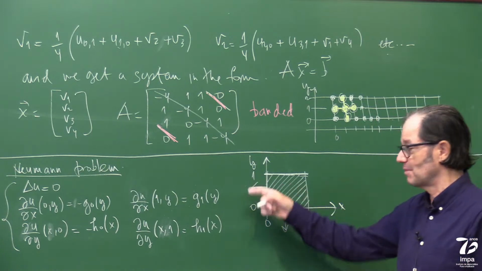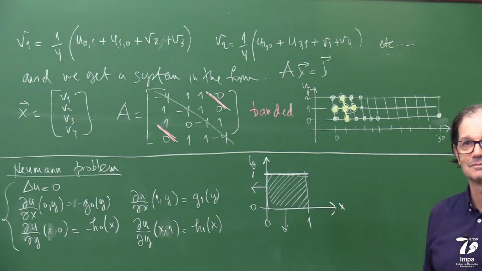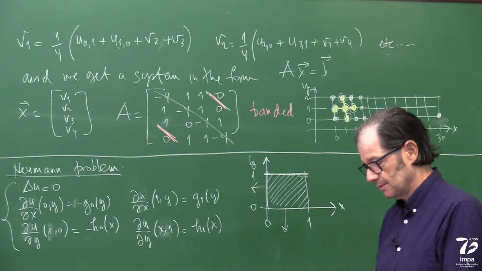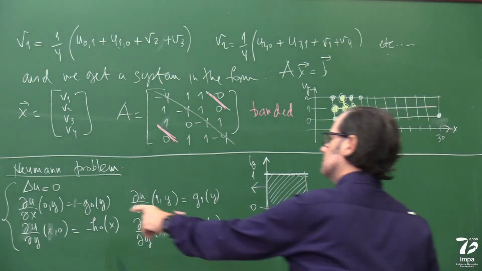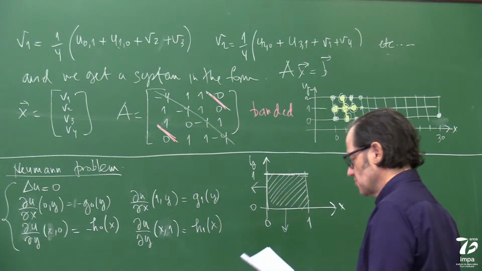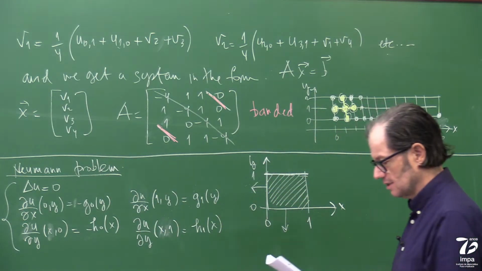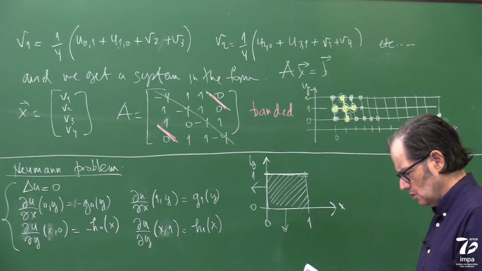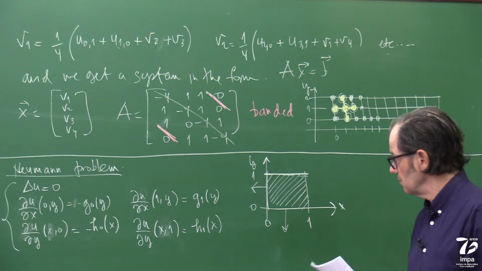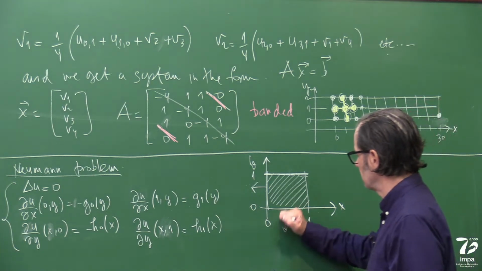So it's minus delta x. And these are the functions over the faces of the domain. Okay, so let me erase this.